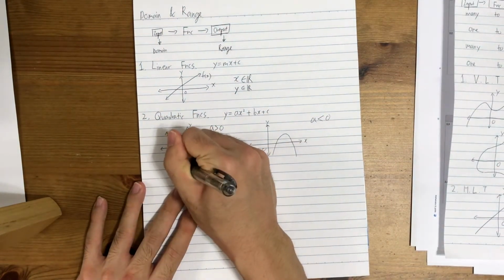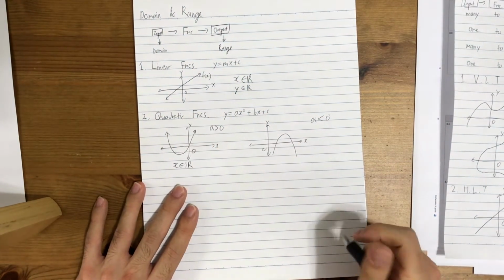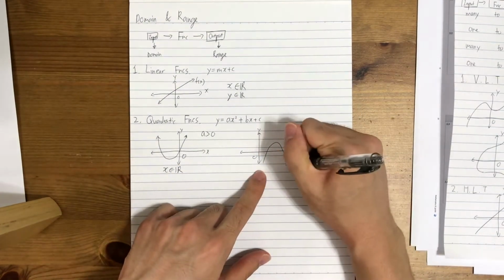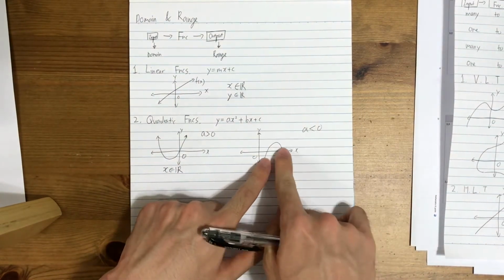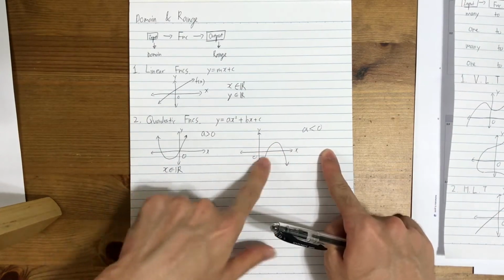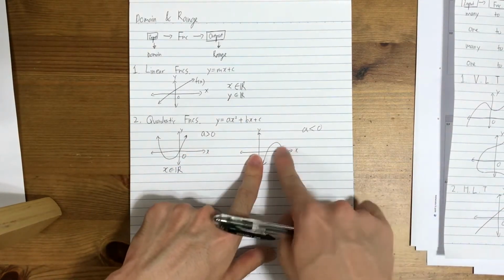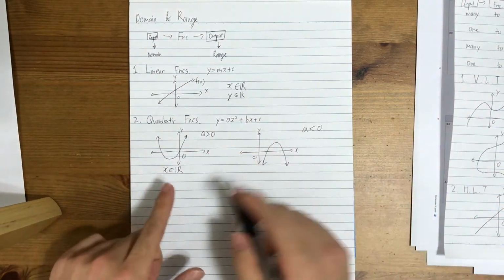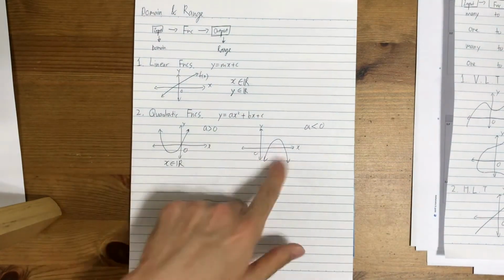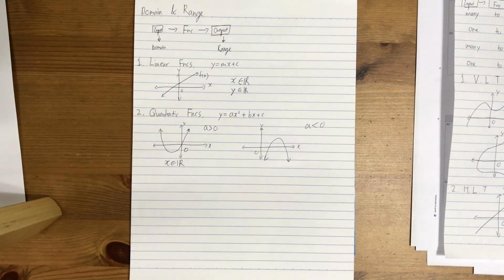So for the domain, it's all real numbers. And it's the same for this case too, right? It's going on negatively, and that means x can be anything on the positive side and negative side. So for both cases, x belongs to real numbers. But what about the range? Do you see any restriction?